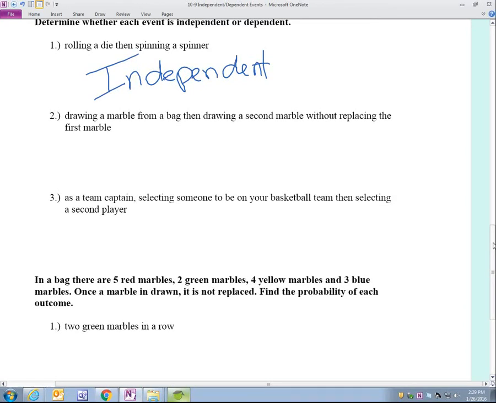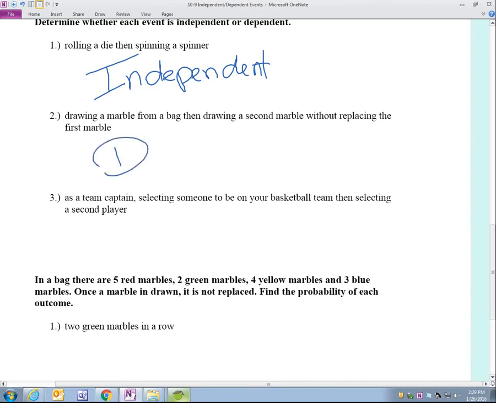Drawing a marble from a bag and then drawing a second marble without replacing the first marble. Braden, what do you think? It's a 50-50 guess. If you're not feeling confident, that's okay. Dependent is correct.